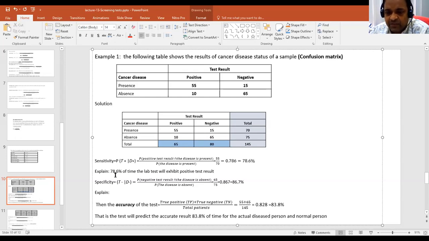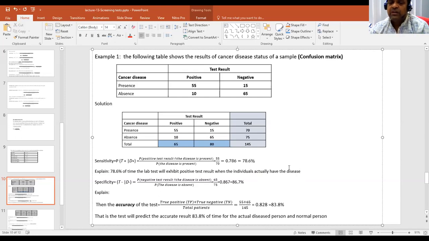Then you can write: 78.6% of the time the lab test will exhibit a positive test result when the individual actually has the disease.